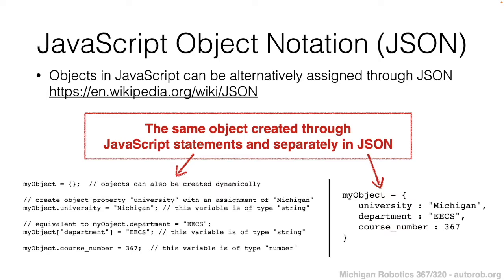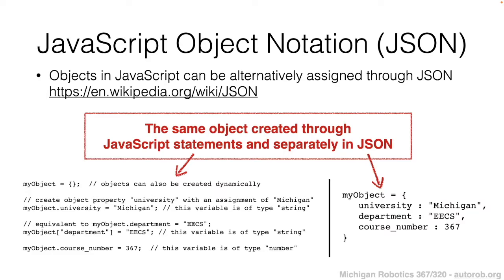So within your code, instead of defining an object dynamically, as we did on the left-hand side, where we say myObject is equal to empty curly brackets, and then we assign each property one by one, an alternative that works just as well is what's shown on the right, where you actually initialize the object with each property specified in the syntax shown, where you have the property name followed by a colon, followed by the data that is assigned to that property.